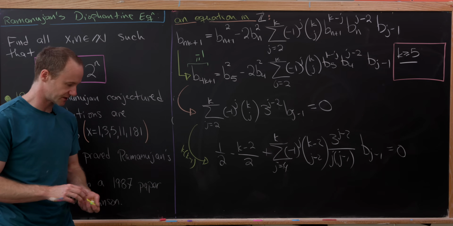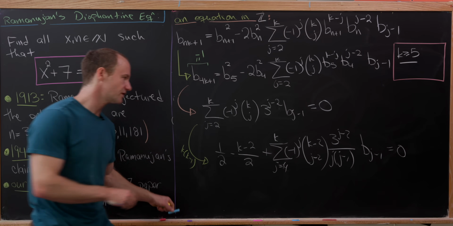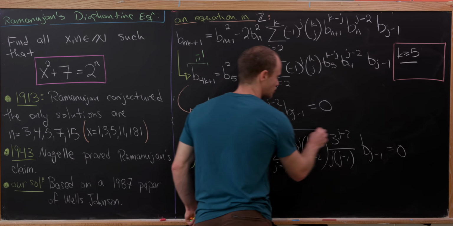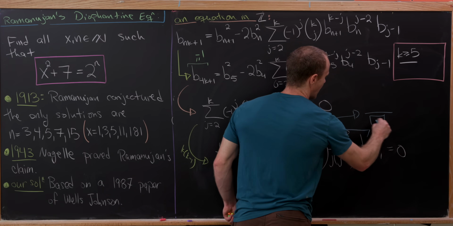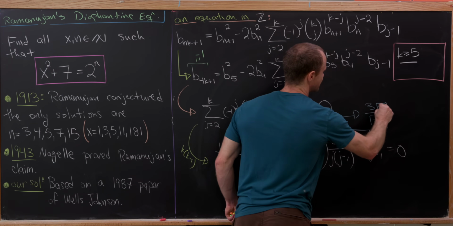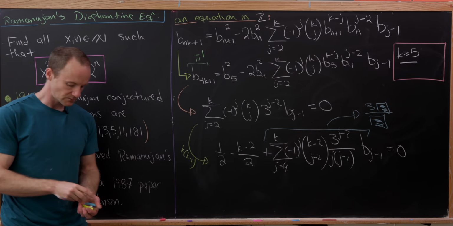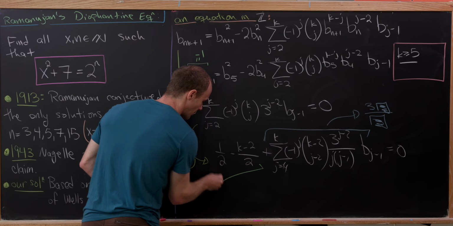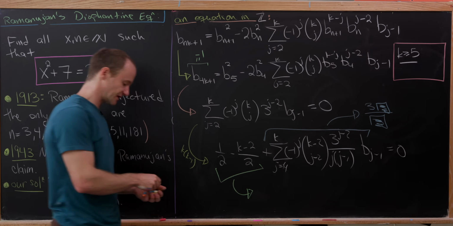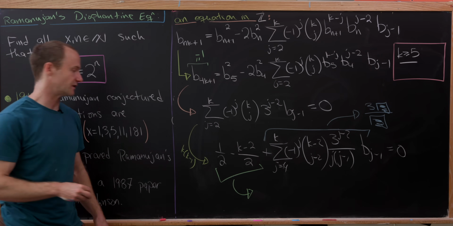But now let's notice that this big chunk right here is a rational number where the numerator is a multiple of 3. Okay, but then that means what's left over here also has to be a rational number where the numerator is a multiple of 3.